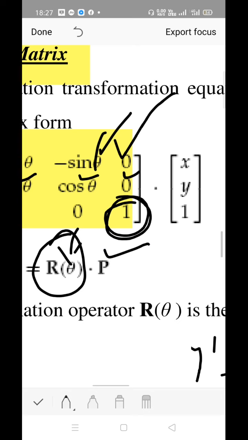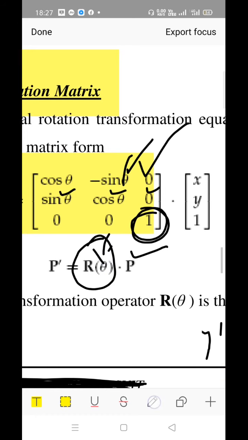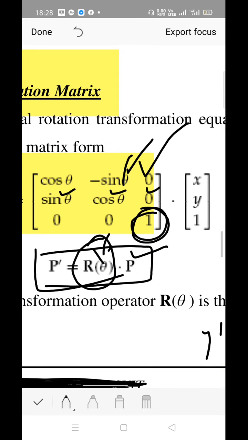The original point is represented with the notation P. So, P dash equal to R of theta into P. Note down, earlier for translation we considered P dash equal to T of tx and ty, where T represents the translation matrix, with the translation vector values tx and ty in brackets, in multiplication with P, the initial value x and y.